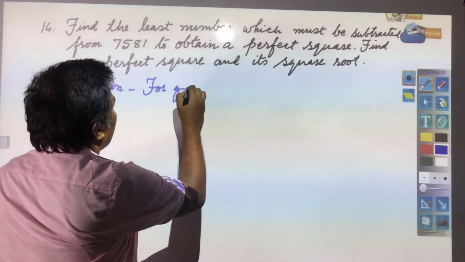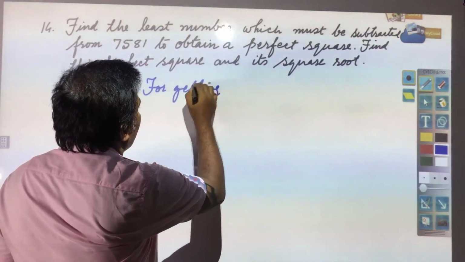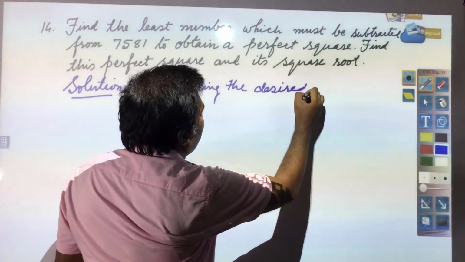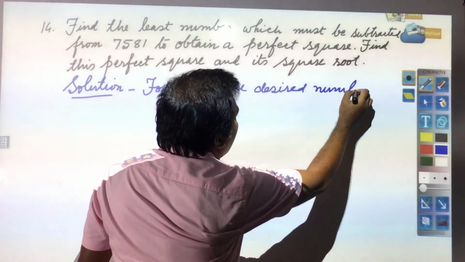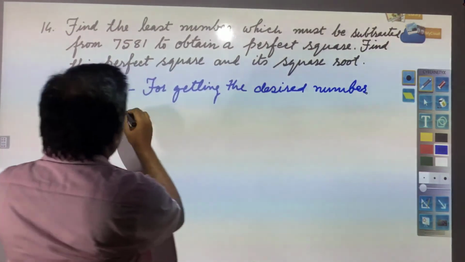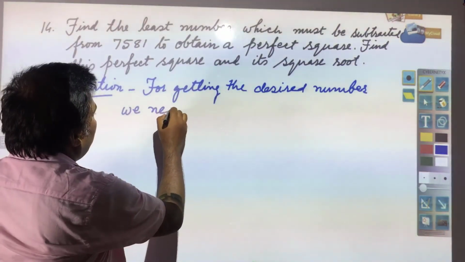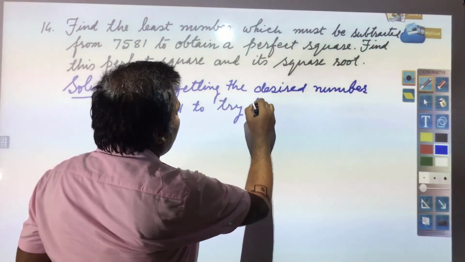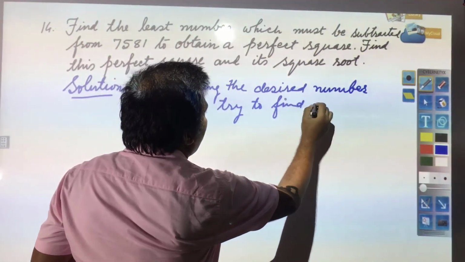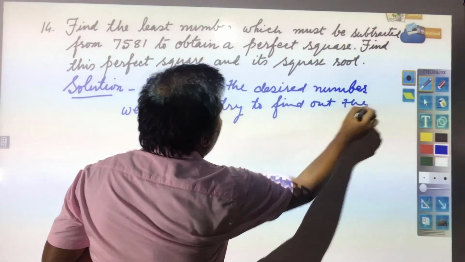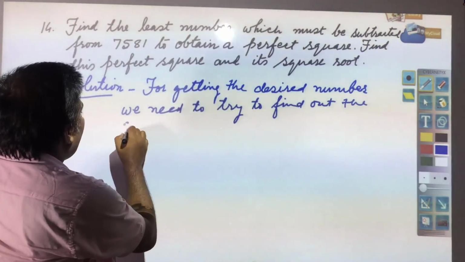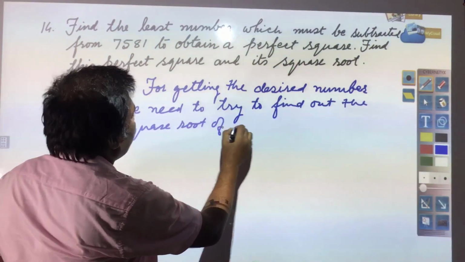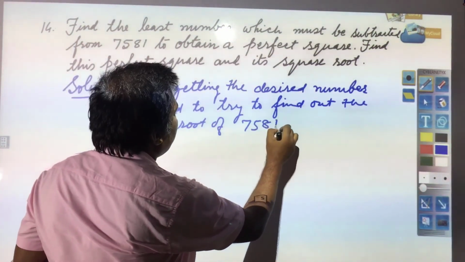For getting the desired number, we need to try to find out the square root of 7581.